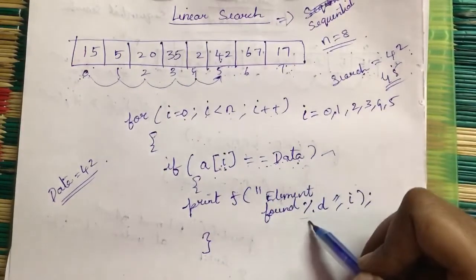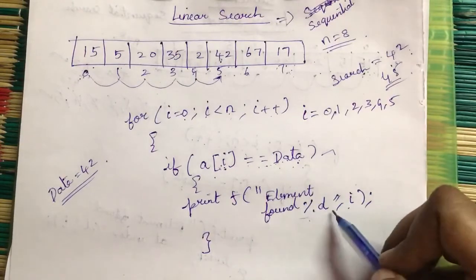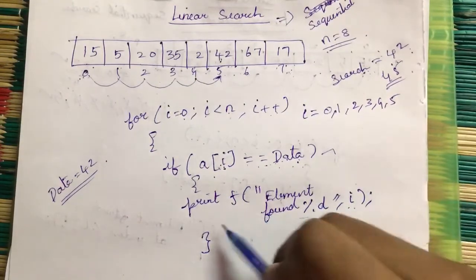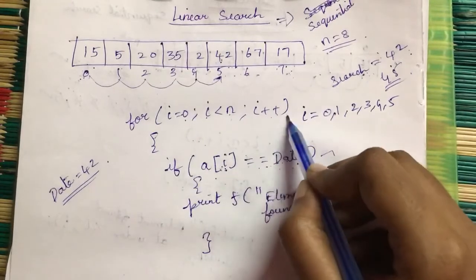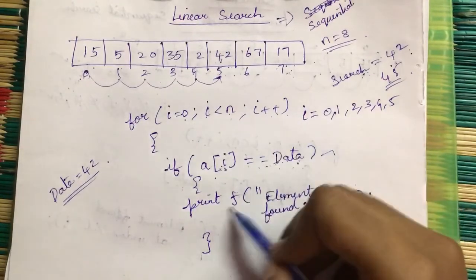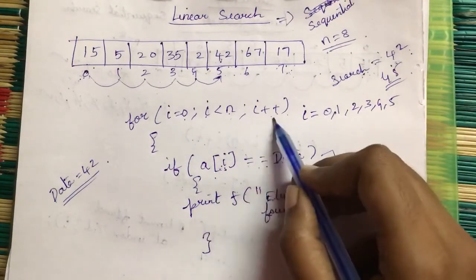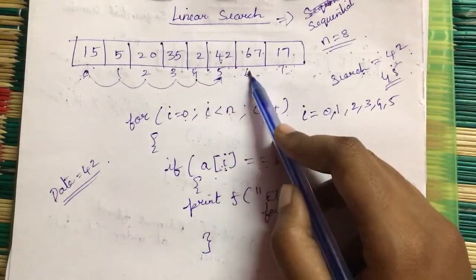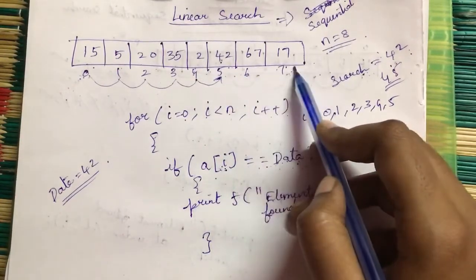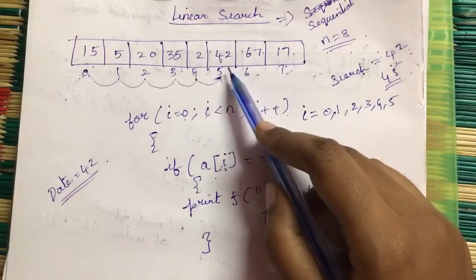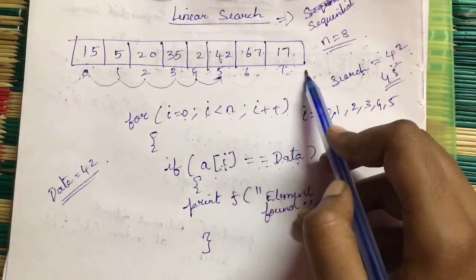Now it will enter the if block and print element is found. Then it will increment the value again, because we did not write any break condition here. It will check the next value and the next, and even though the element is found, it will keep on checking each and every element.